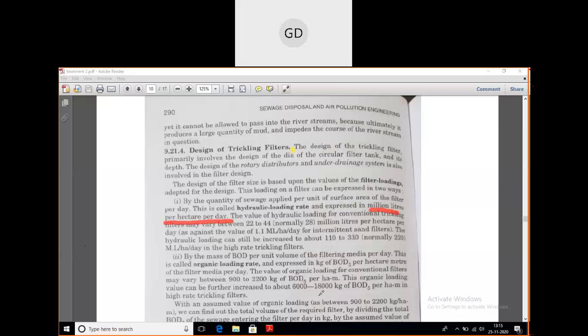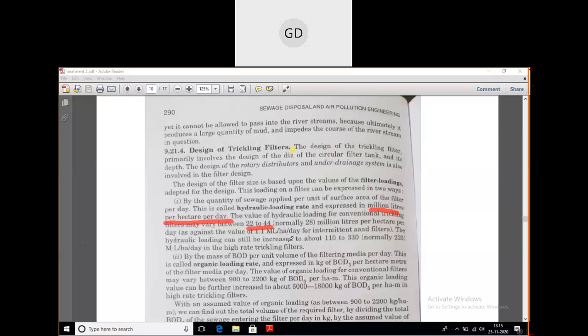So for the conventional trickling filter, what is the value of the hydraulic loading? It may vary between 22 to 44 million liters per hectare per day. And the hydraulic loading can be increased.